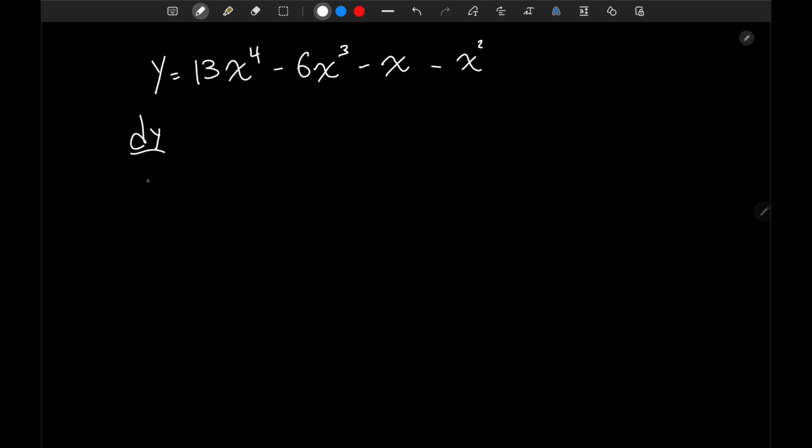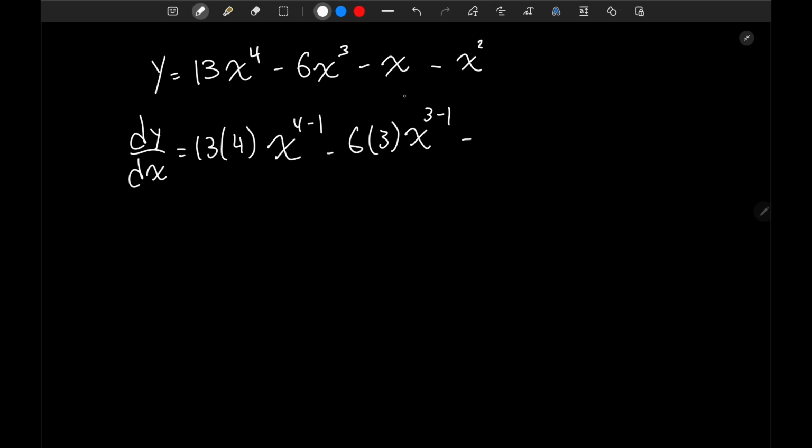We have dy over dx is equal to 13 multiplied by the exponent, x to the 4 minus 1 from the exponent, minus 6 multiplying by the exponent, x to the 3 minus 1, minus the derivative of x is just going to be 1, so we have minus 1. Then same thing here, we have x squared multiplied by the exponent, we have x to the 2 minus 1.